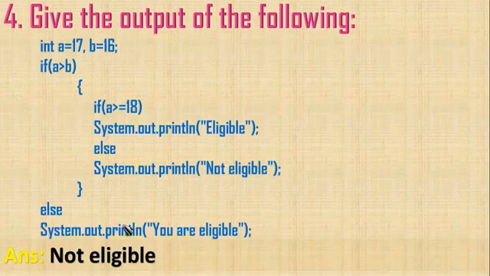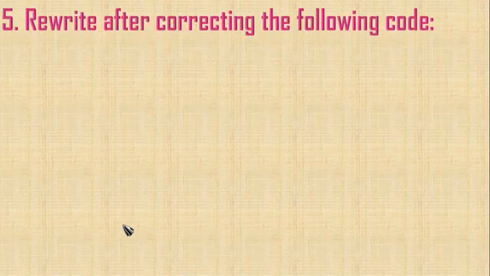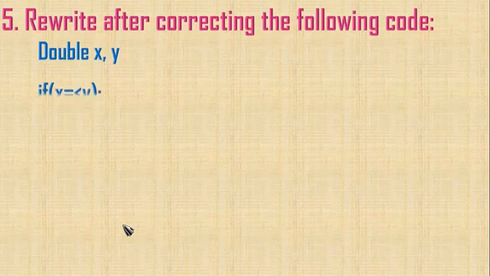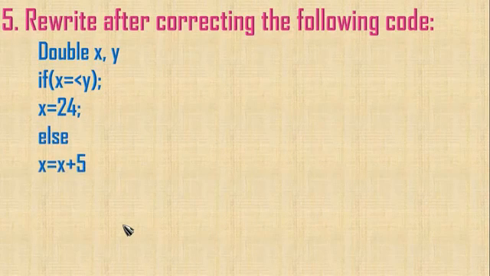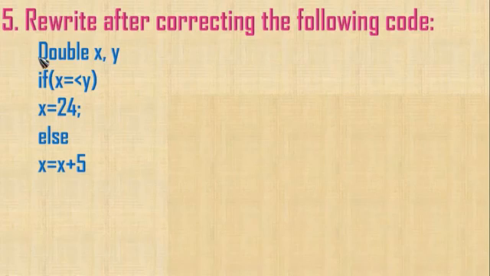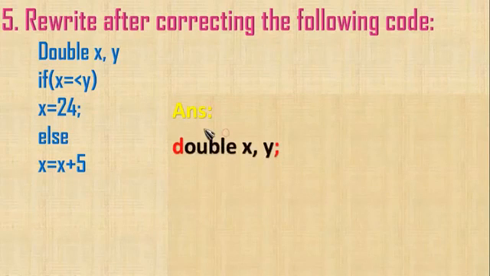Let us move to next question. Rewrite after correcting the following code. Double xy, so all these are given. Here double is given with capital D, that is wrong, so it will be small d. Then x comma y, we are supposed to terminate here, so there are two mistakes in that line.